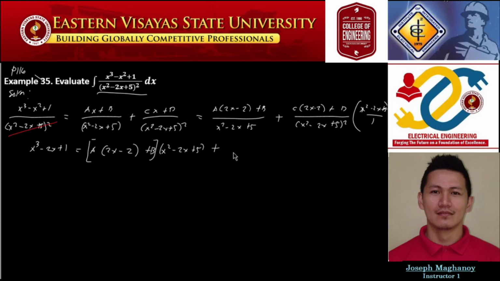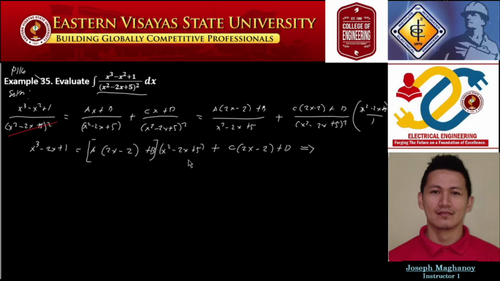So the remaining is C times 2x minus 2 plus d. So this is our equation 1. Not yet. We need to further simplify our equation.